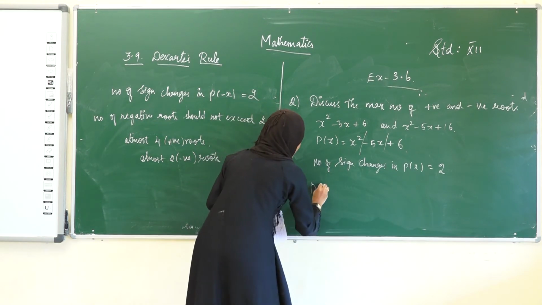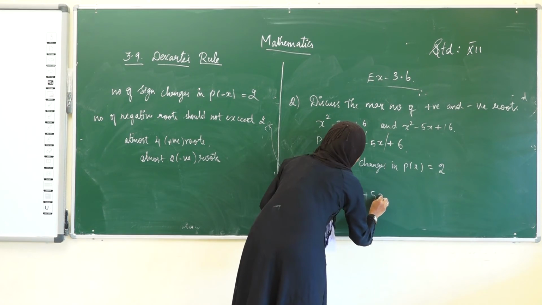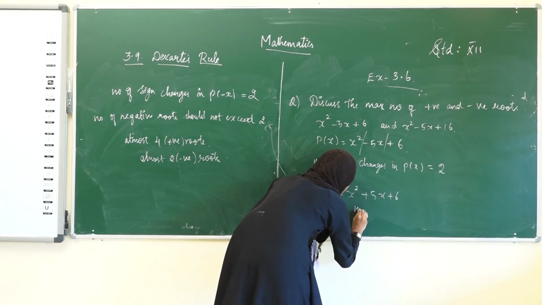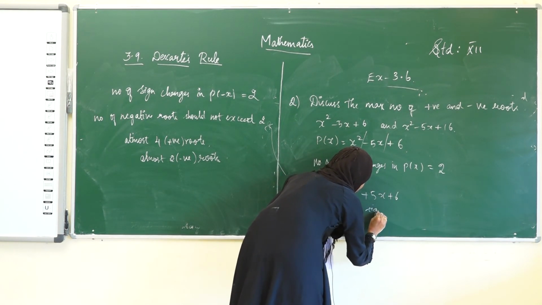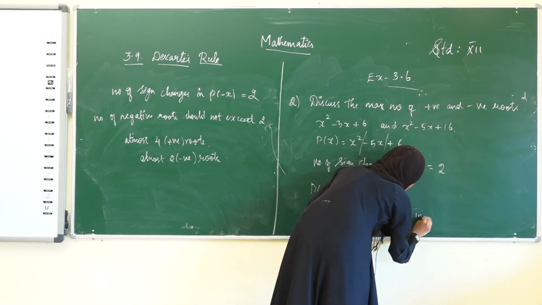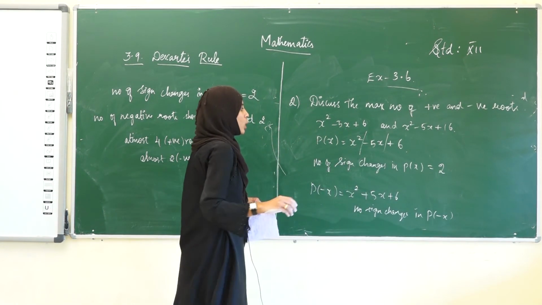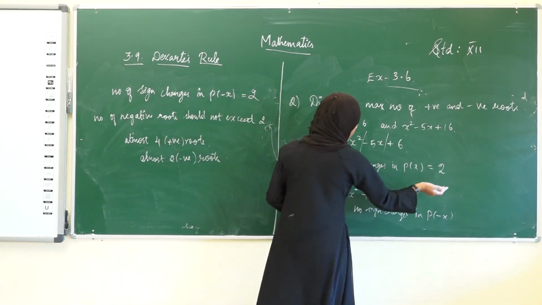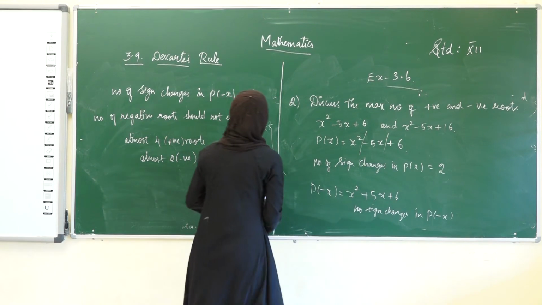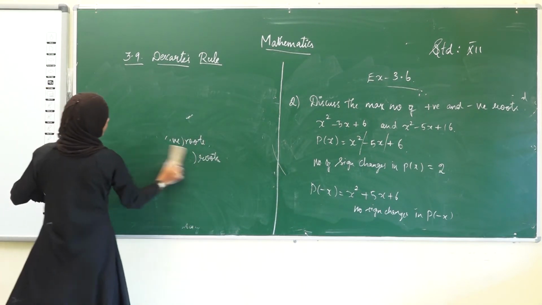Now let us take p of minus x, x^2 plus 5x plus 6. No sign change in p of minus x, so the number will be 0. Therefore, the maximum number of positive roots is 2 and the maximum number of negative roots is 0. 0 means there are no negative roots.